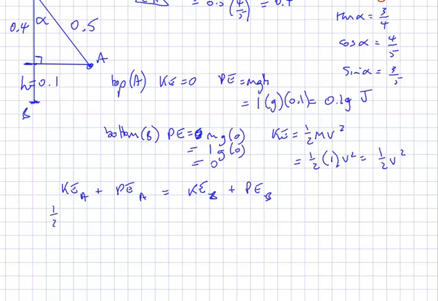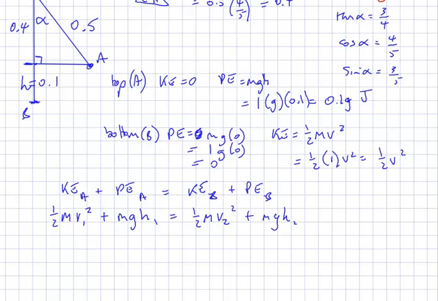So it is a half m v1 squared plus mgh1, and then it's a half m v2 squared plus mgh2.